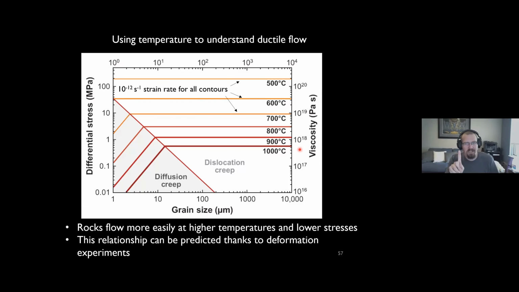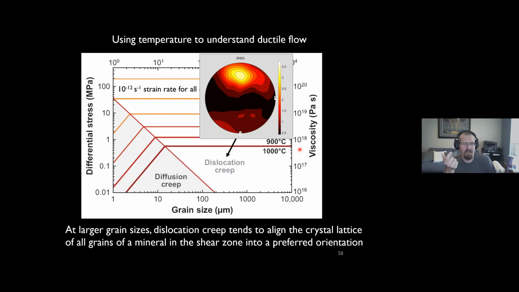Well, one of the ways that makes sense is when you think about the way that rocks deform, they can undergo a pretty significant step in their behavior in terms of their crystal orientations and how much they're straining. In general, larger grain sizes at lower temperatures, when they ductilely deform, tend to produce really strong alignments.